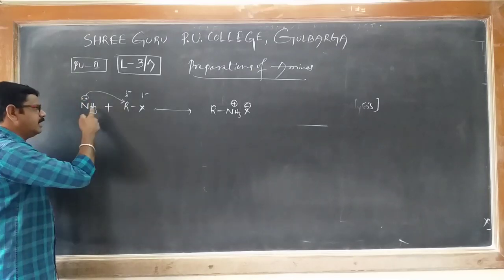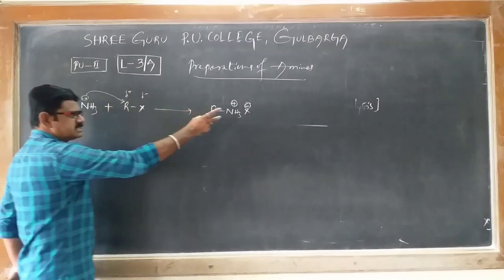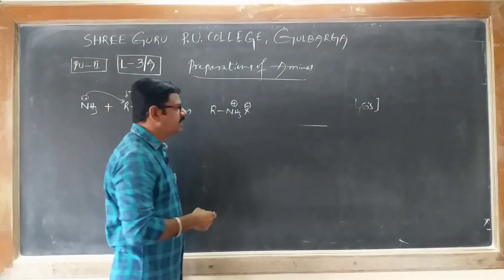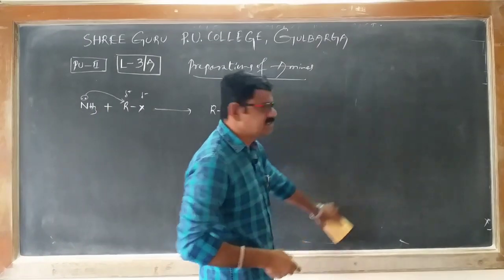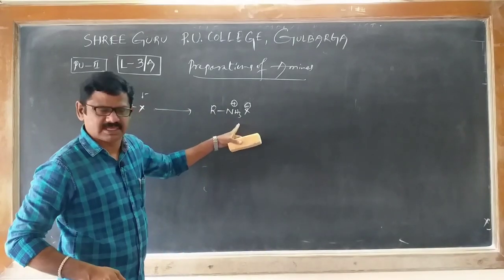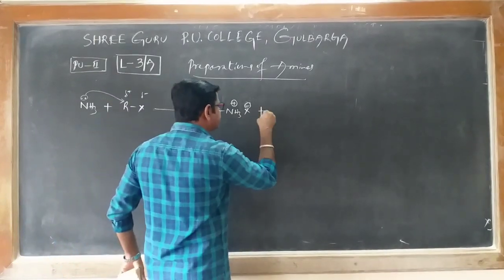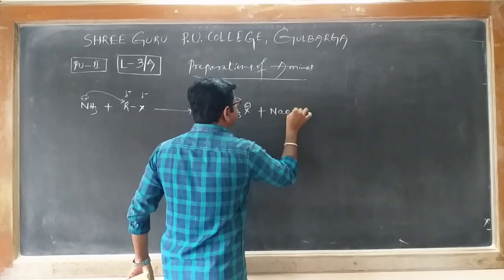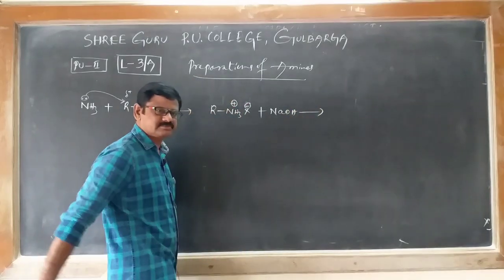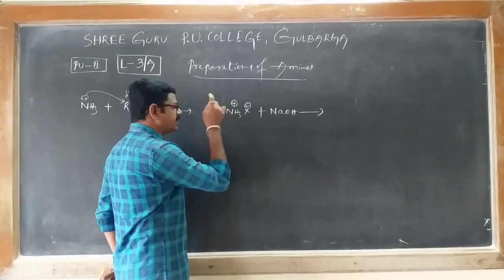Therefore RNH3+ X- is an intermediate compound we get, and it is a salt. This salt is reacted with sodium hydroxide to get RNH2.